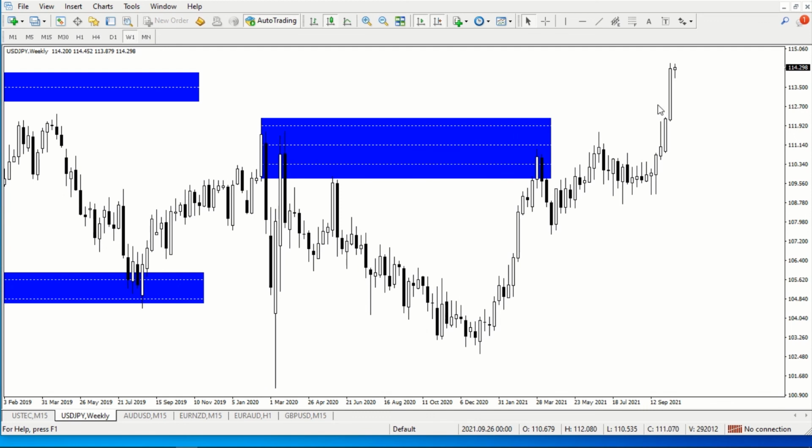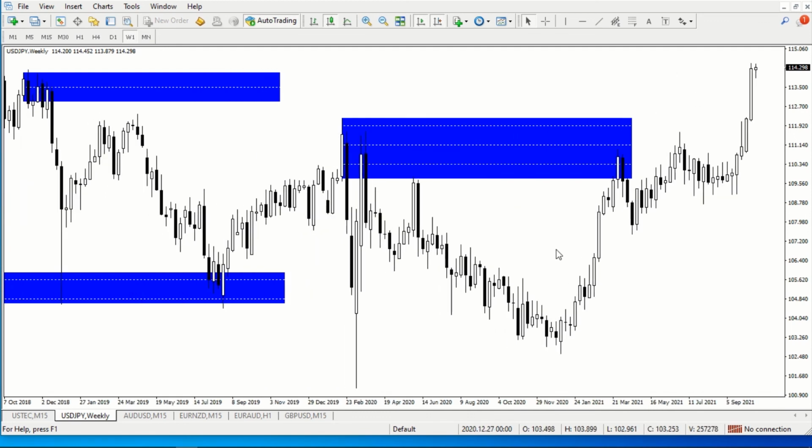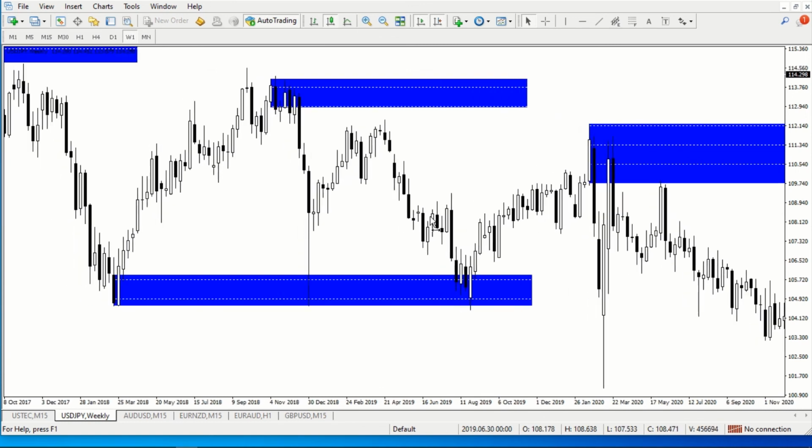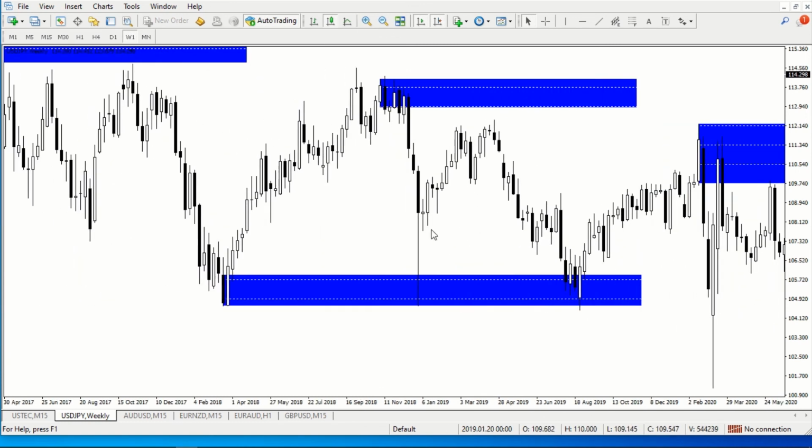So my people, that's how we locate our bullish and bearish order blocks. Remember, you only draw the zone from the high to the closing of the candle. One thing you must also take into consideration is that not all order blocks are respected.